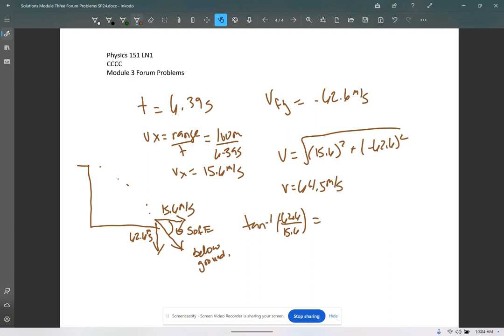So 62.6 divided by 15.6, and take the inverse tan of it, and I'm getting an angle of 76 degrees below the ground.